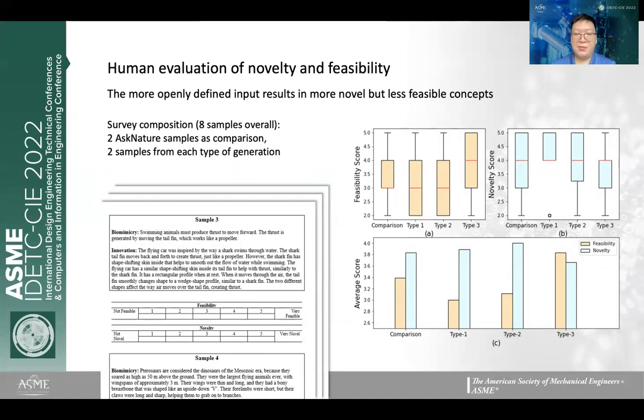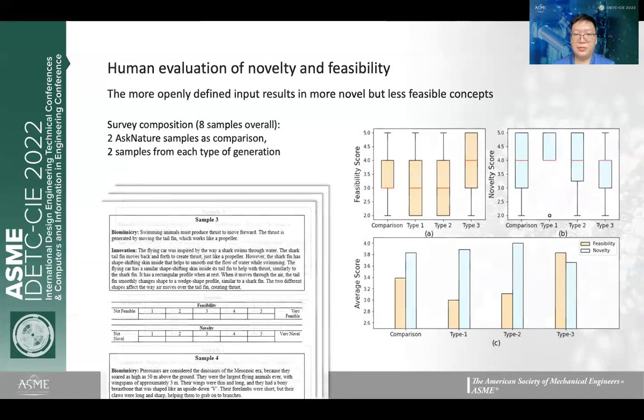The team gave relatively high novelty level, but only intermediate feasibility levels to the comparison group. Compared to this, Type 1 and Type 2 concepts got lower feasibility score but higher novelty score, while the ones generated from Type 3 are considered more feasible but less novel. This finding is not surprising because Type 1 and Type 2 generations are more open than Type 3.